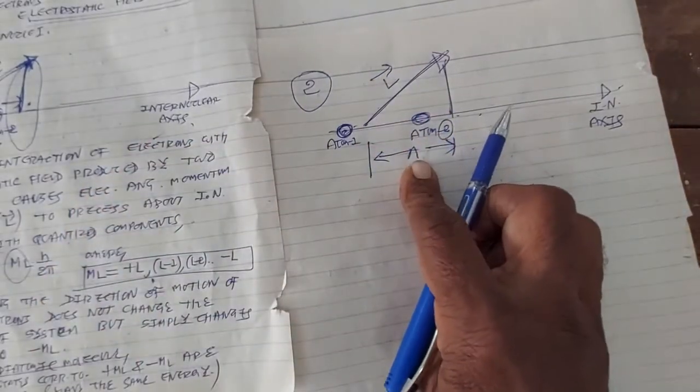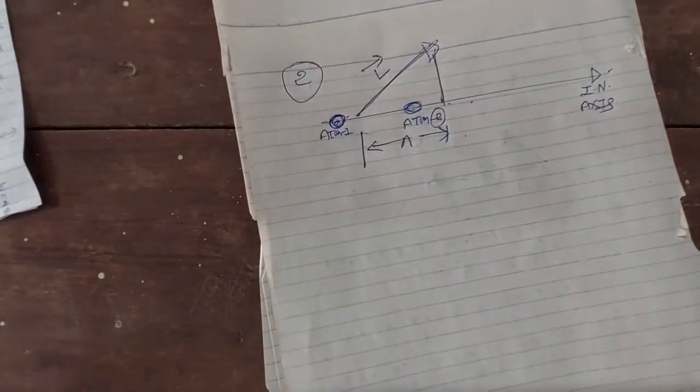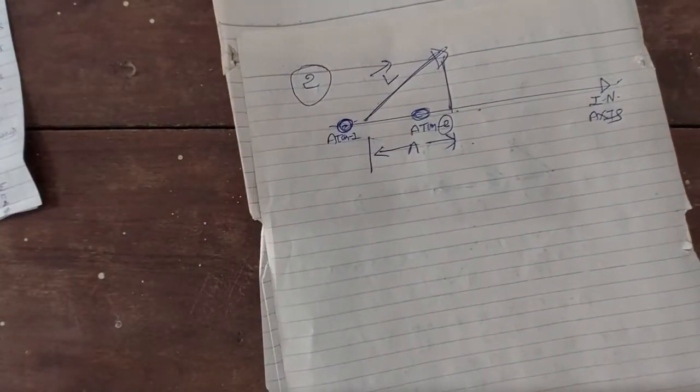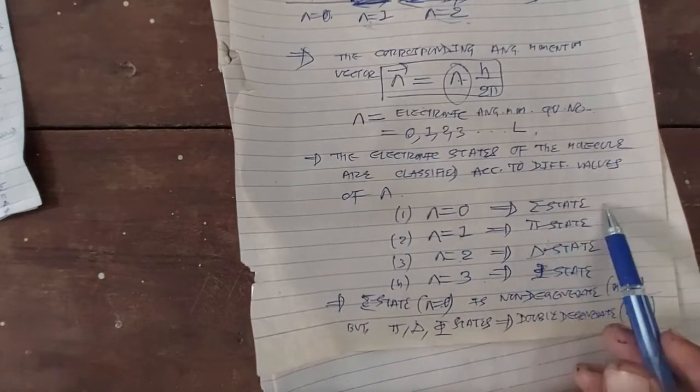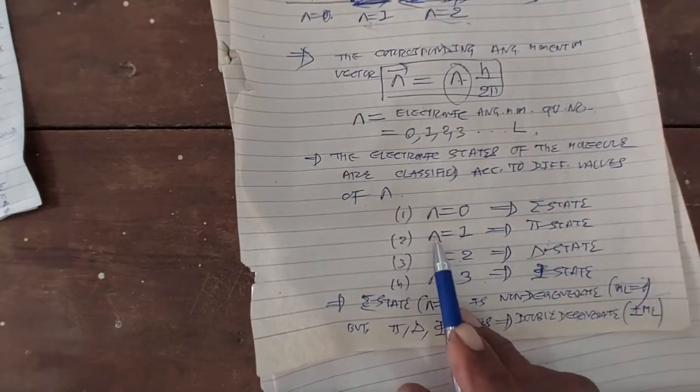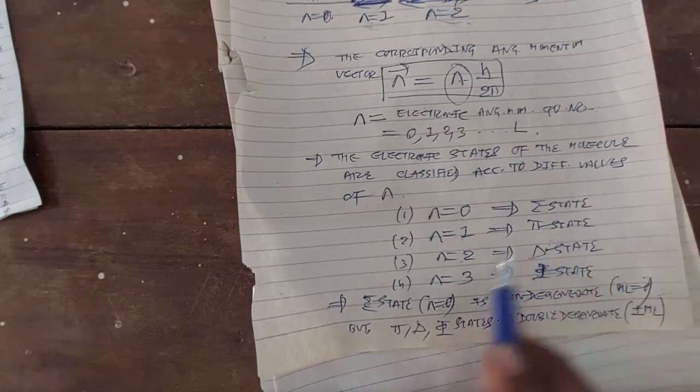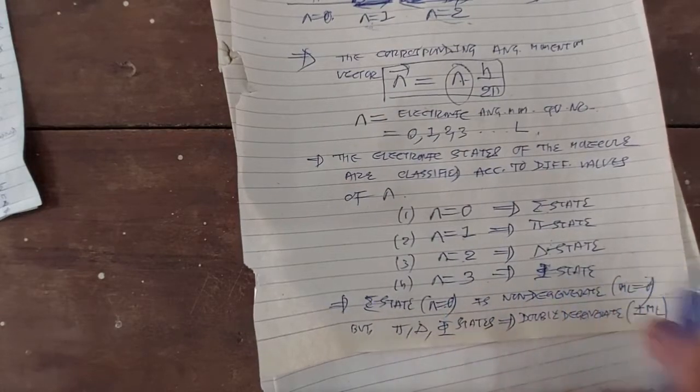Lambda has different values 0, 1, 2, 3 and so on. The state for which lambda is equal to 0 is called molecular state sigma. The molecular state for which lambda is equal to 1 is called pi state, and for lambda equal to 2 is called delta state.